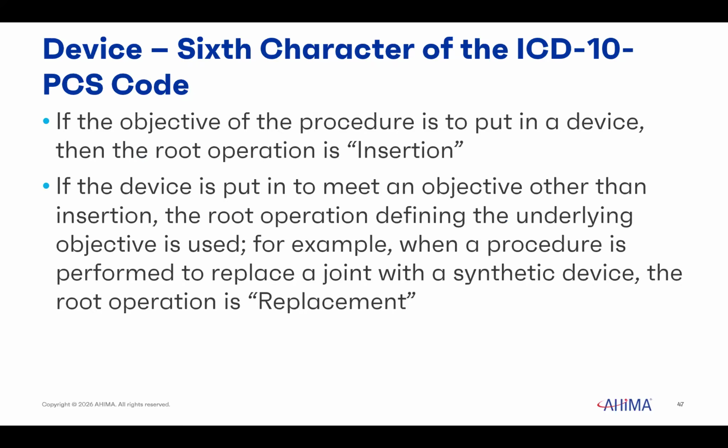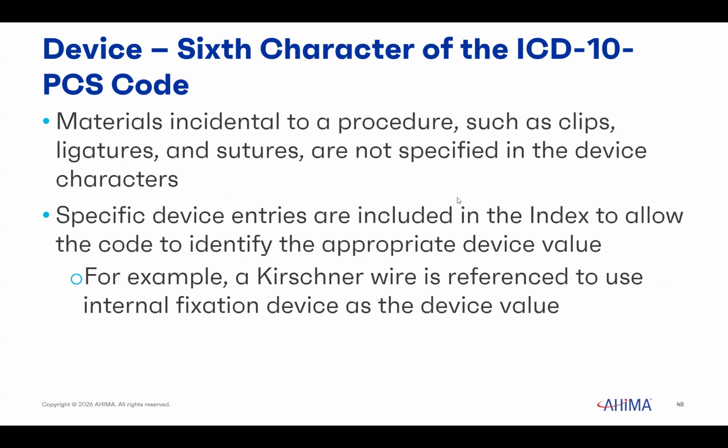If a device is put in to meet an objective other than insertion, the root operation defining the underlying objective is used. So in other words, if a procedure is performed to replace a joint with a synthetic device, it's a replacement. We're replacing the knee or the hip, what have you. Materials incidental to a procedure, such as clips and sutures, are not specified in the device characters.